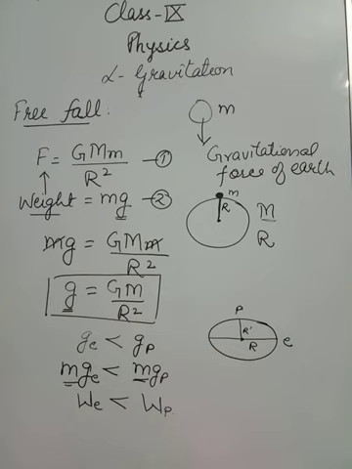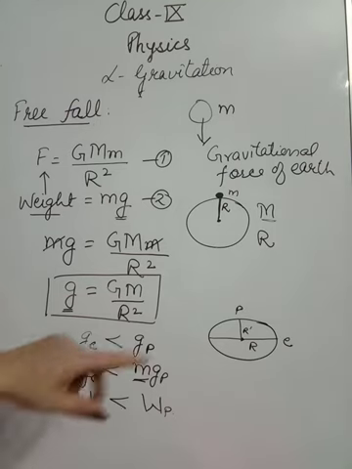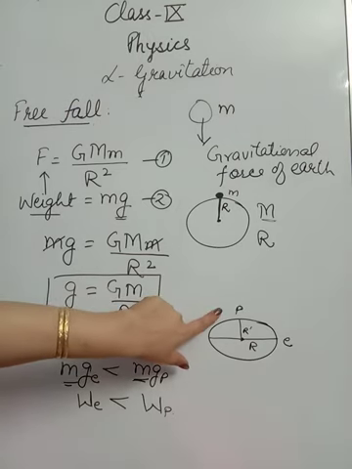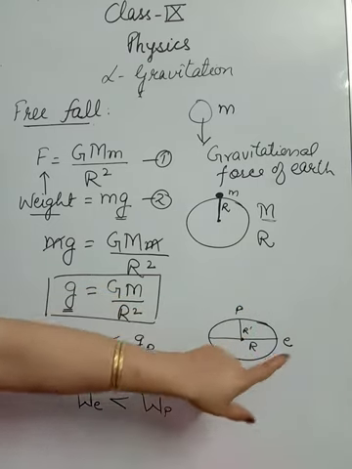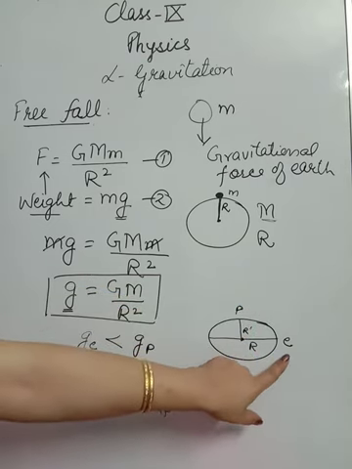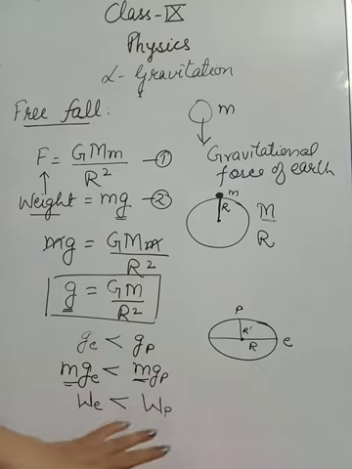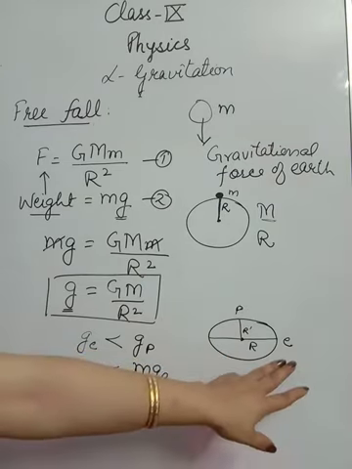There is one question in your NCERT books that two friends are there. One of them buys some amount of gold at the poles, and then he wants to hand over that gold to his friend who is living somewhere near the equator. So will his friend agree with the amount of gold?